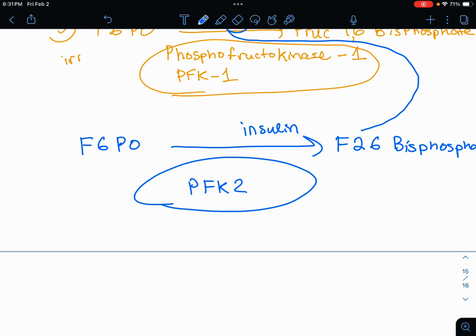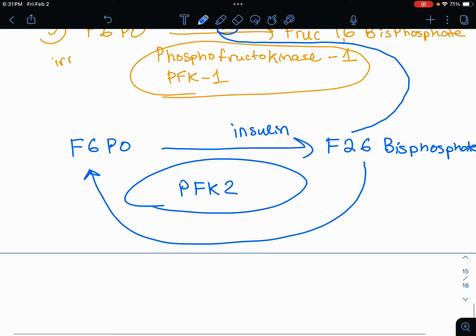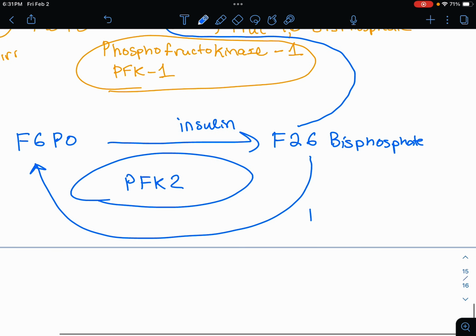On the flip side, we could actually go backwards here when we're going to talk about gluconeogenesis and more regulation, where we're going to be going from F2,6-bisphosphate to fructose 6-phosphate, so basically going back one level. We're going to have a phosphorylated section of this same molecule. So again, this is split up because there's basically two enzyme functions on this one molecule.